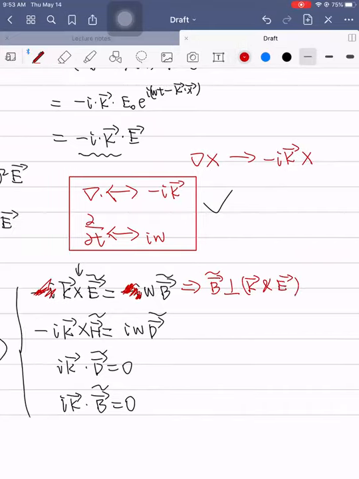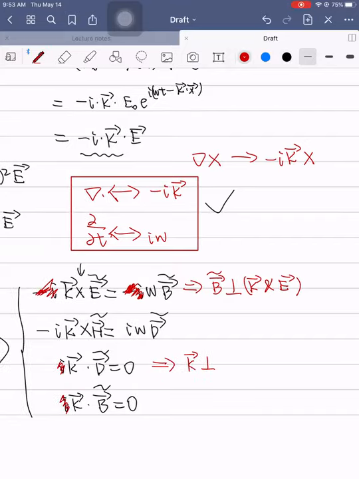And let's look at the third and the fourth equations. The dot product of k and D equals 0. It means k should be orthogonal to D. The same as the fourth equation.